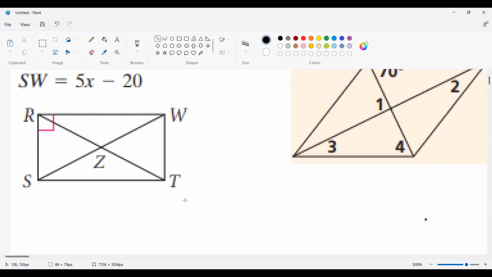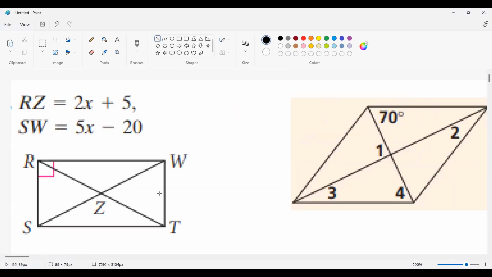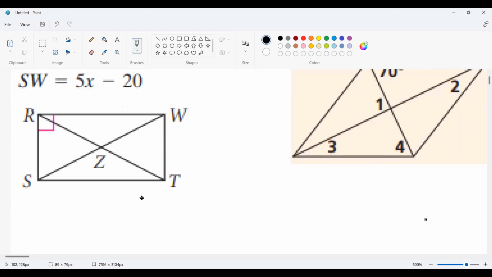In this case, we have a rectangle RSTW, which also has the intersection of the diagonals at point Z. It's asking us to find the measurement of the two diagonals. Now find RZ and SW.